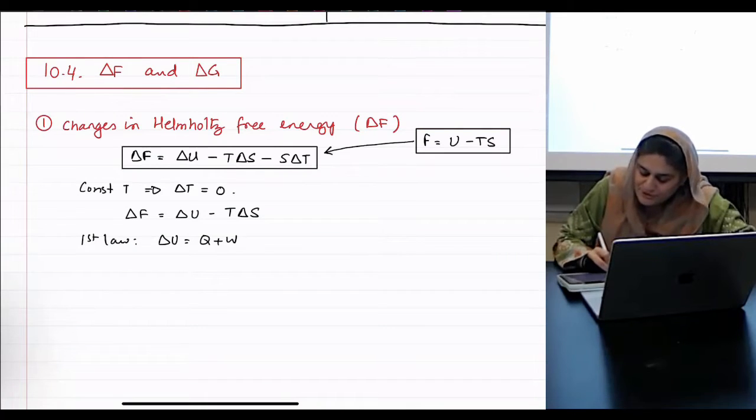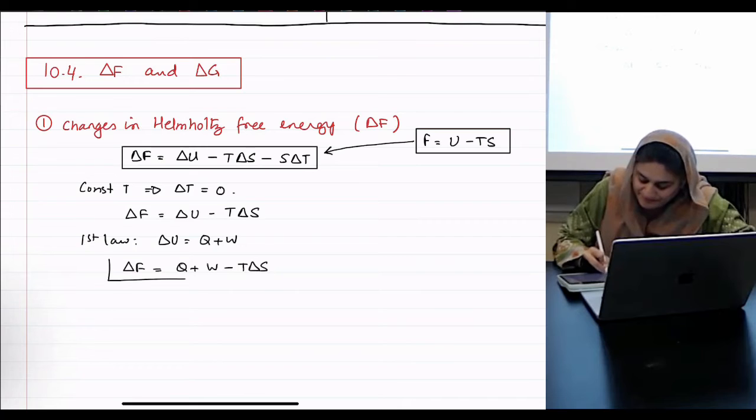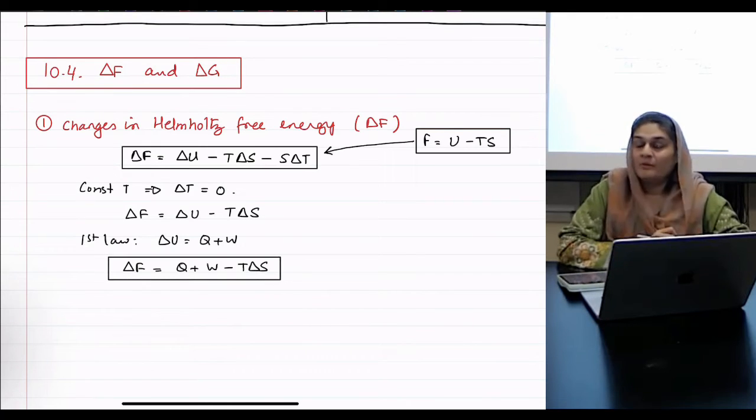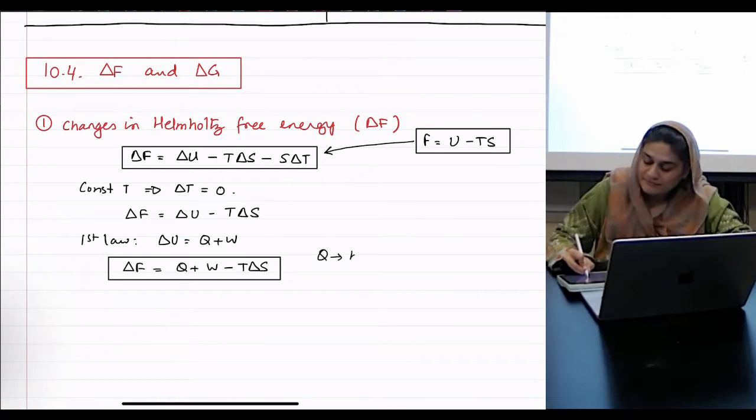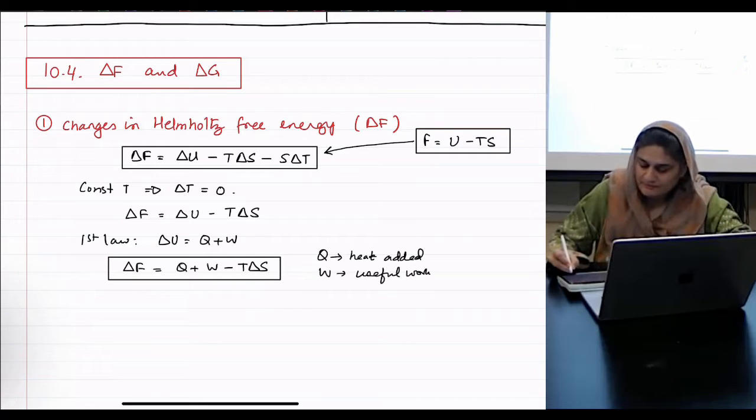So may I write delta F as Q plus W minus T delta S? Where Q is heat added, and W is useful work. Done.